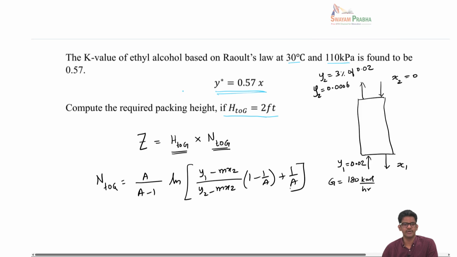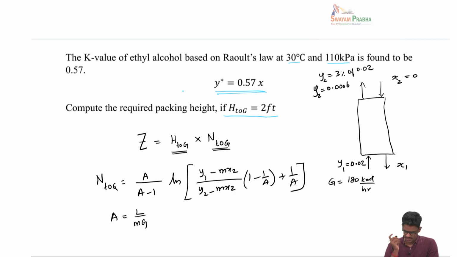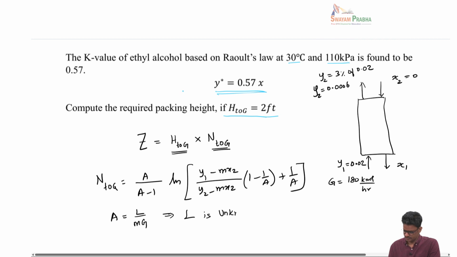So what are the things I know here? Do I know A? What is A? A is L by mG. m I know, G I know, but I do not know L. Okay, so L is unknown. What about the terms inside this logarithmic term?